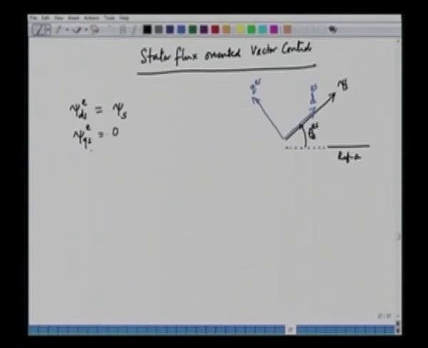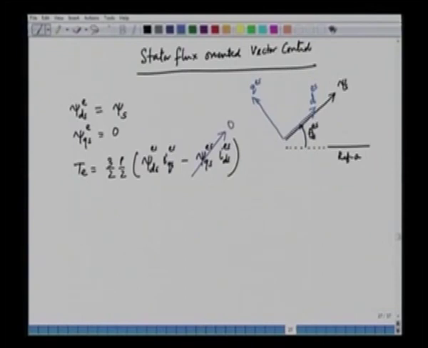Due to the proper orientation, there is no component along the q axis, and the torque can be written as T E equals 3 by 2 into P by 2 into psi ds Es IQS Es minus psi qs Es IDS Es, and we have assumed that psi qs is equal to 0.